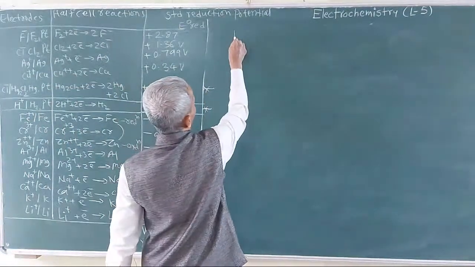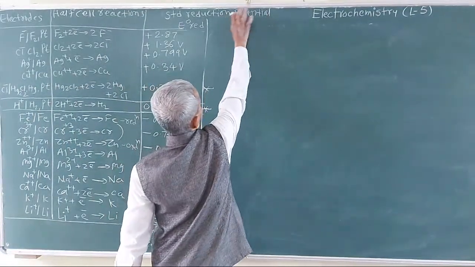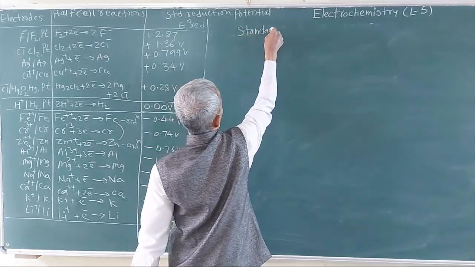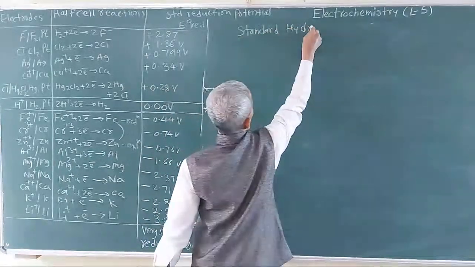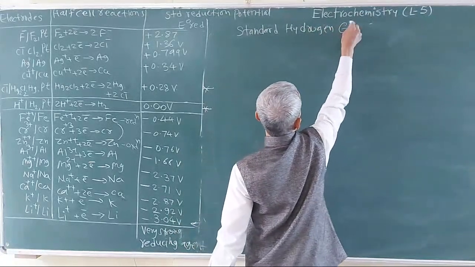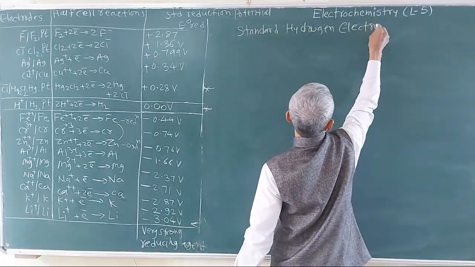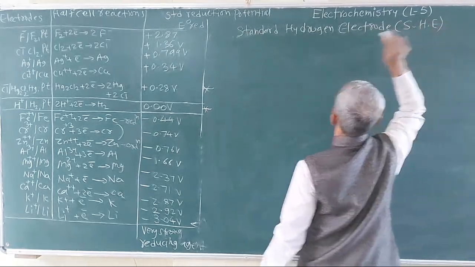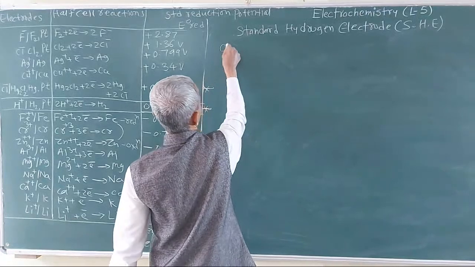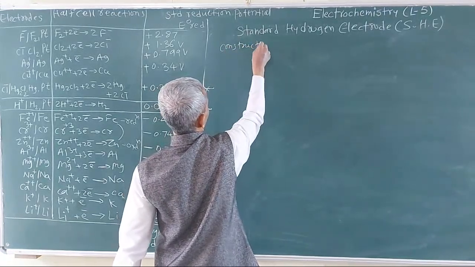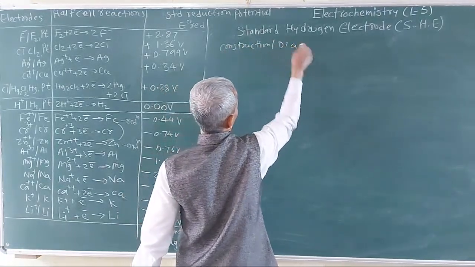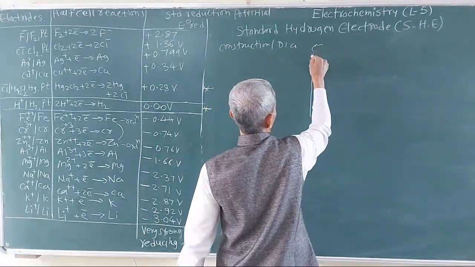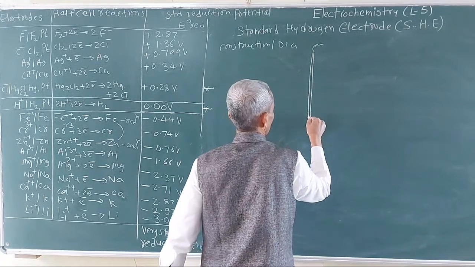Now consider the standard hydrogen electrode. First, the construction. In the diagram, there is a platinum wire sealed in a small tube.